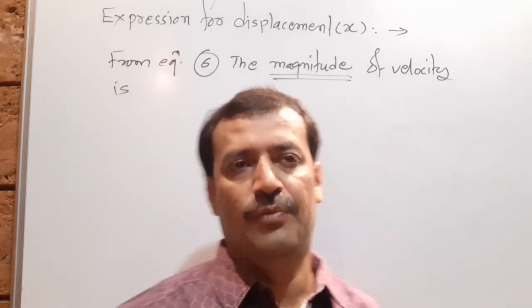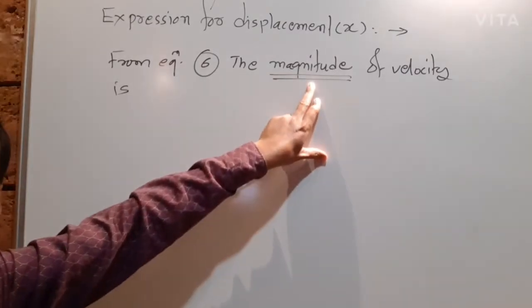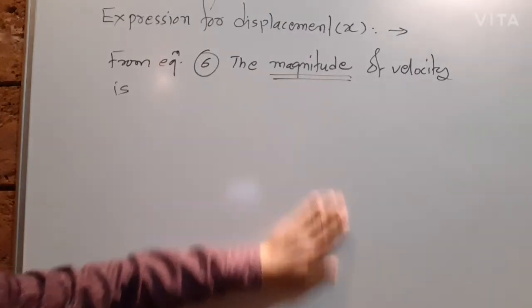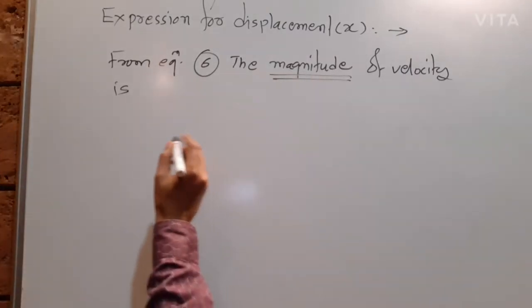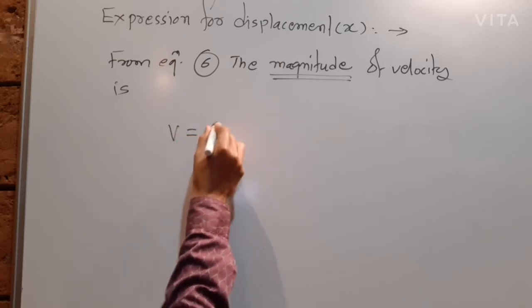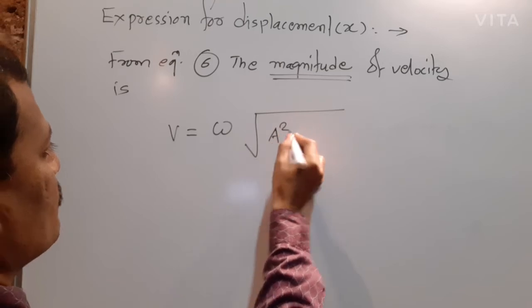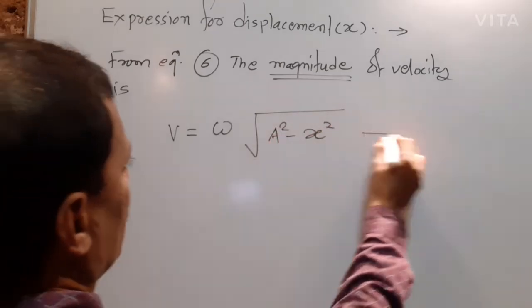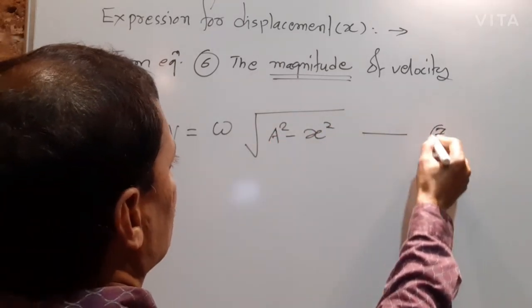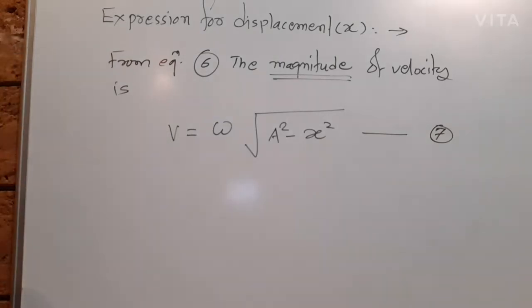Here, if we are going to use magnitude, then there is no sign, plus and minus. So write down the equation: v is equal to omega into square root of a square minus x square, denoted as equation number 7.